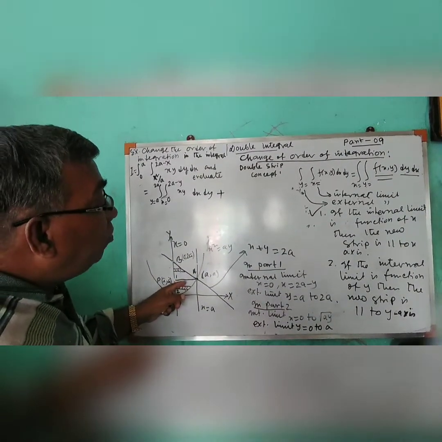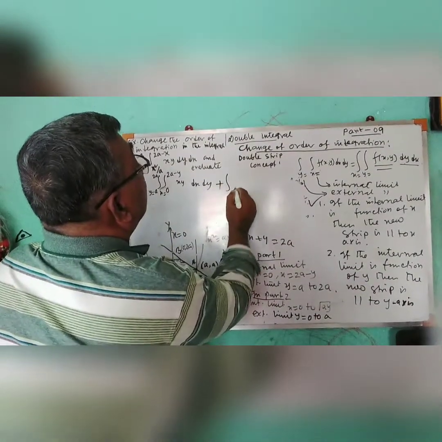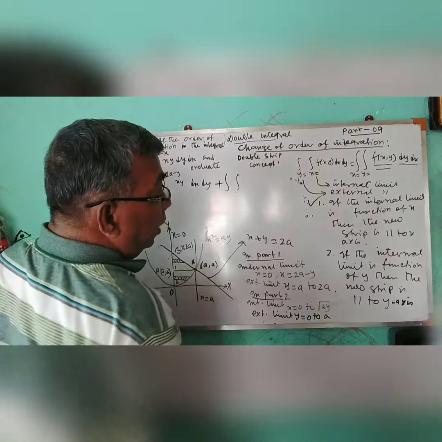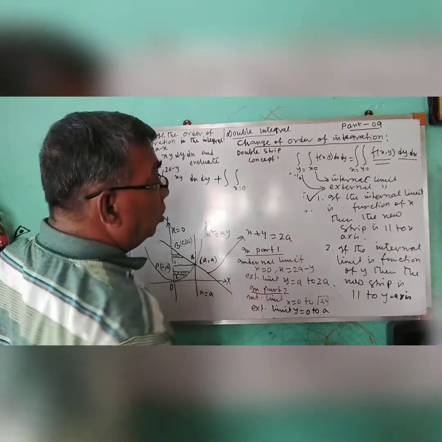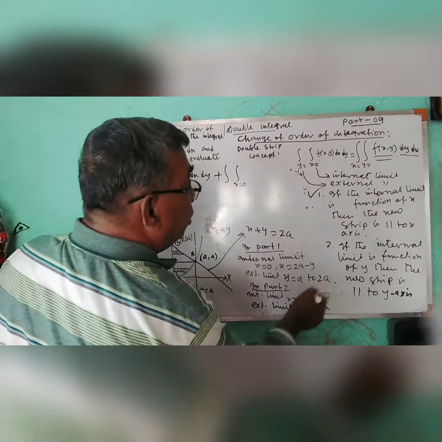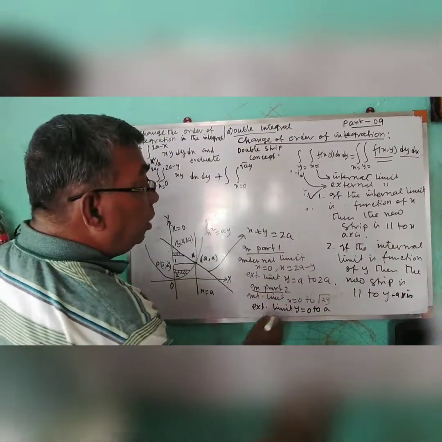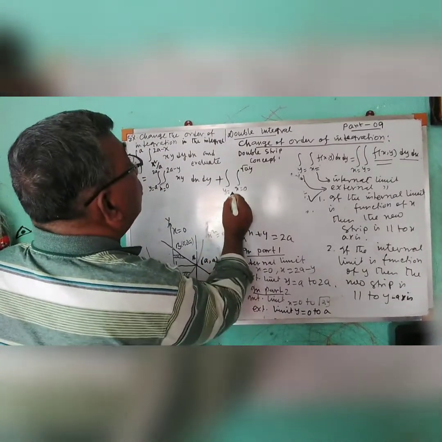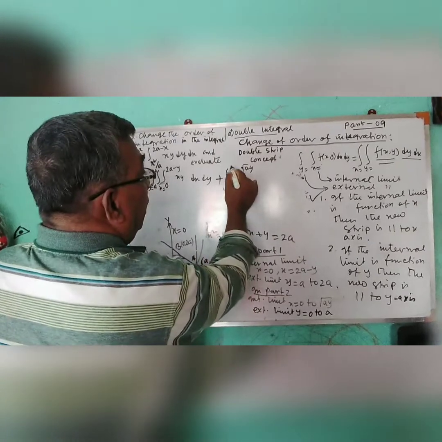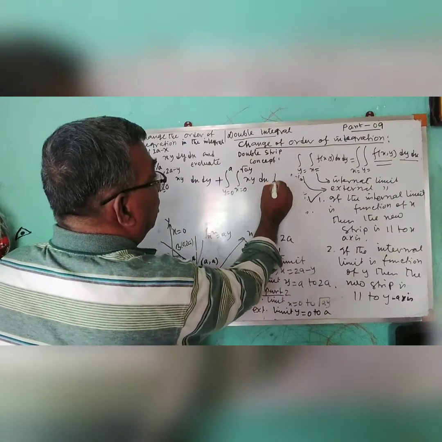This area how to find? Internal limit is 0 to 2a. This is actually x equal to 0 to root over ay, and this will be y equal to 0 to a xy dx dy.